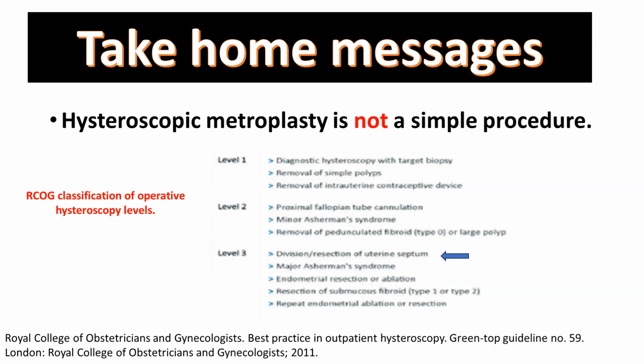I appreciate the classification of the Royal College that puts the incision or division of septum as level 3 hysteroscopic surgery, like myomectomy, Asherman syndrome, TCRE, and so on. It's not a simple procedure to be done by a beginner, because it is very crucial to cut a septum and go inside the uterus, which is the site of implantation and pregnancy.